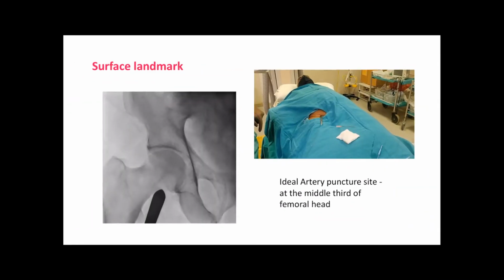Coming to how you proceed with the actual femoral artery puncture. It's very important to understand that there is a depth between the skin and the actual femoral artery, and you go at an angle when you are puncturing.